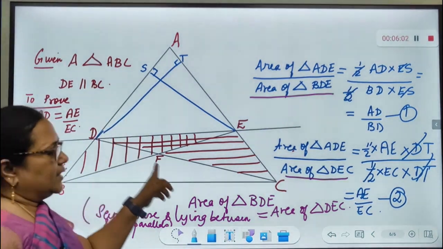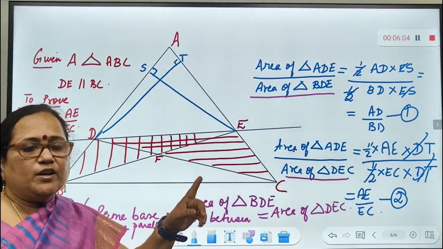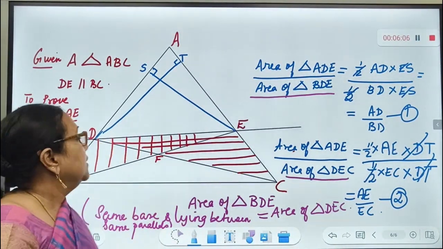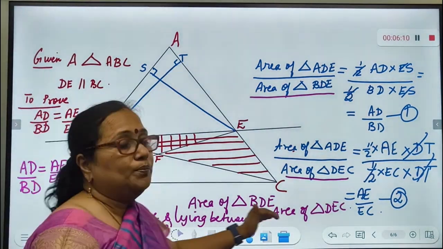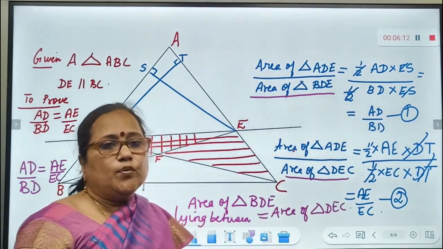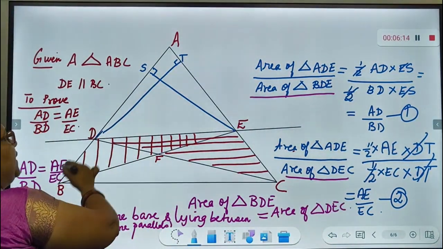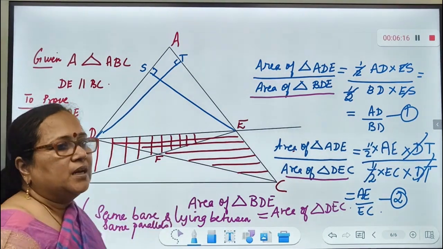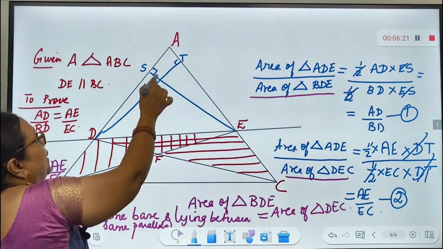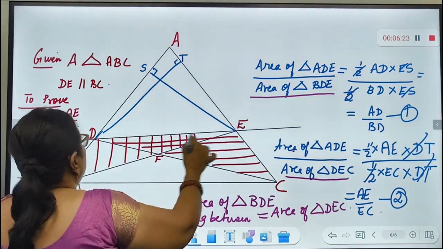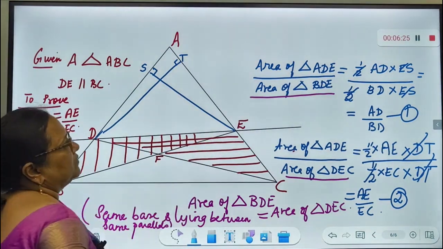So you had a triangle ABC. What was given to us? Triangle ABC. What is DE? DE is a line which is parallel to BC. What are we going to prove? AD by BD equal to AE by EC. To prove that, what are we going to look at? I am going to compare the area of ADE with BDE.